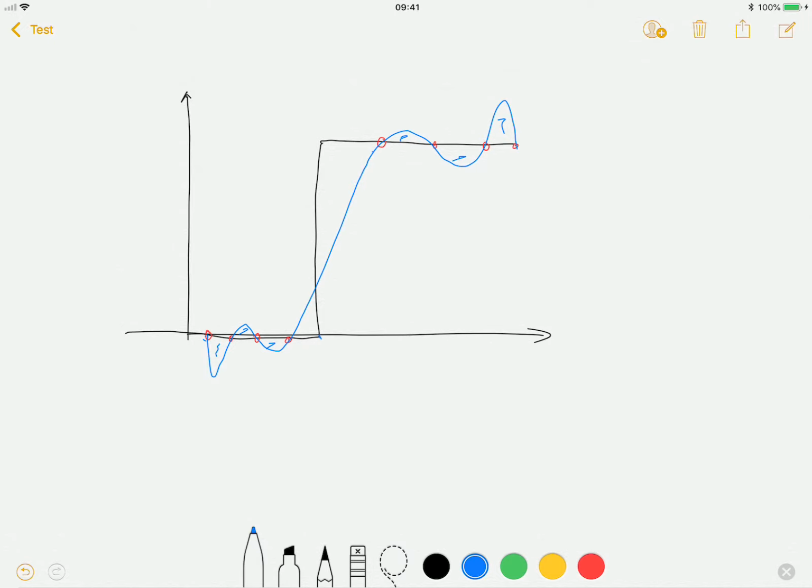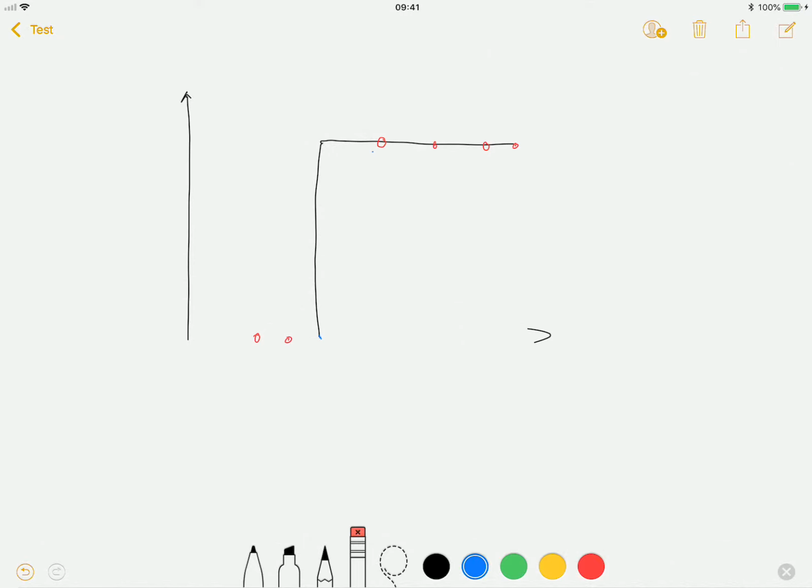Well, what if I took a linear approximation between each data point using what I termed earlier a spline function? So let's say a linear spline function. Well, I would end up with a function that looks something like this. Let me just redraw my axes.